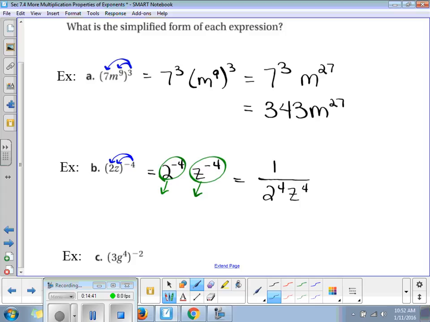So when you flip them, the exponents become positive. And now we just multiply 2 to the 4th, which is 16. So that's going to be 16z to the 4th.